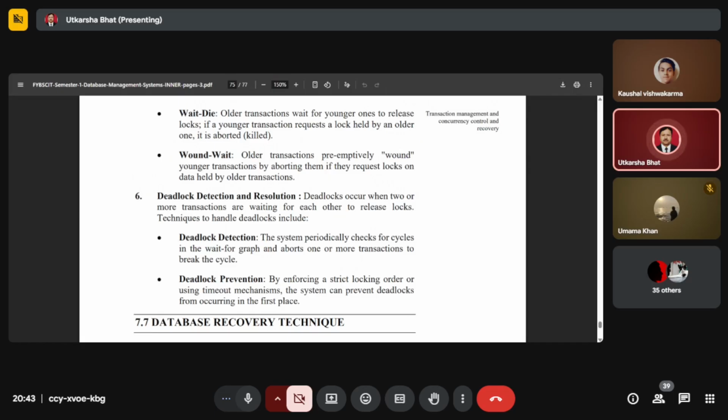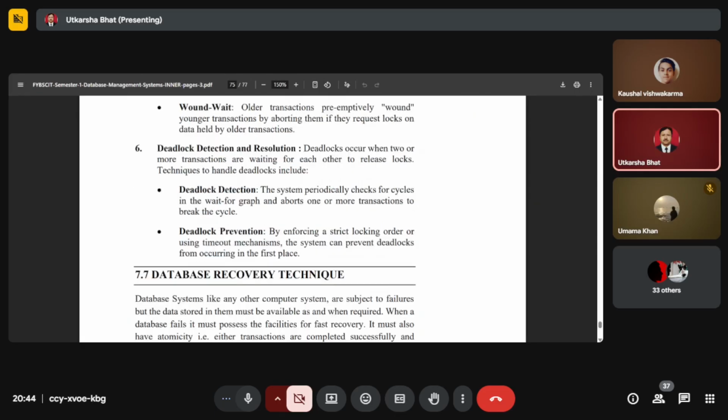Deadlock detection and resolution. Deadlock occurs when two or more transactions are waiting for each other to release the locks. Techniques to handle deadlock include deadlock detection and deadlock prevention. In deadlock detection, the system periodically checks for cycles in the wait-for graph and aborts one or more transactions to break the cycle.